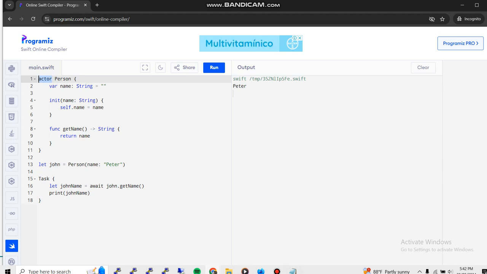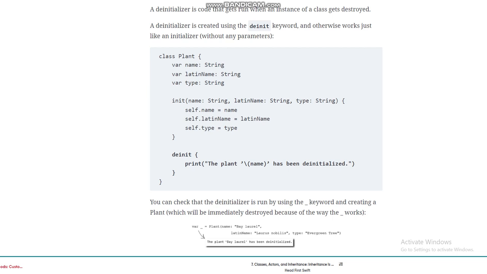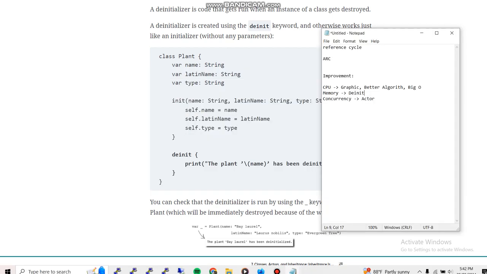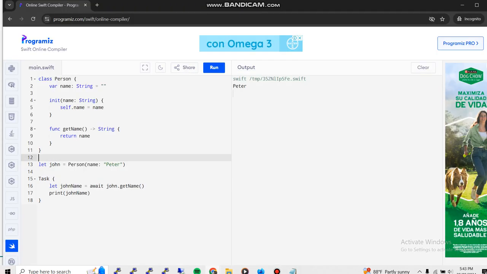We also have, to improve our memory, something called strong, weak, right? Later we are going to talk about it. And we also have something called unowned, right? We were talking about it.